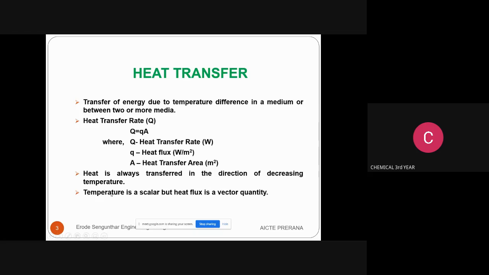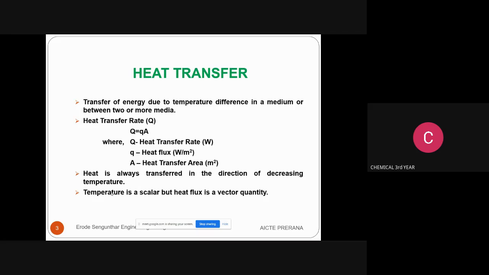We'll not get any effect with respect to the directions of the heat flow. Okay, it may be the X direction or Y direction or Z direction. It does not reflect in the temperature value. Definitely we'll have the temperature as a scalar quantity only. Initial temperature we may have and final temperature we may have, but all the terms will be in the same direction only. We will not get any deviations with respect to a vector quantity.